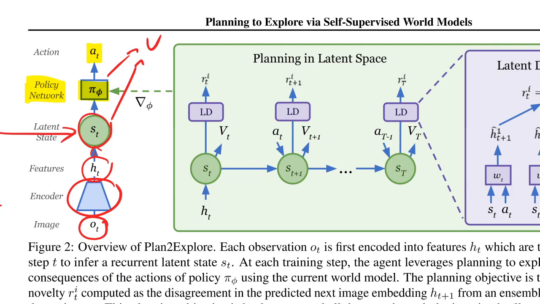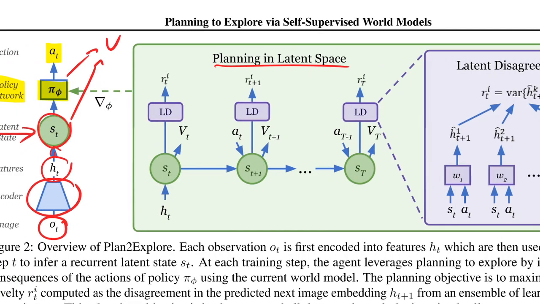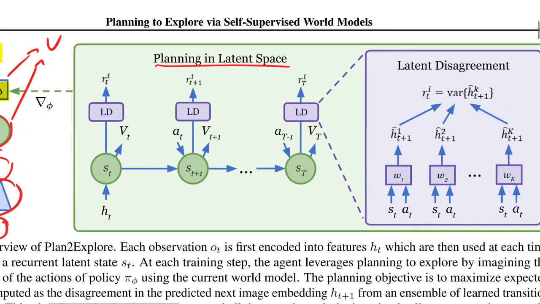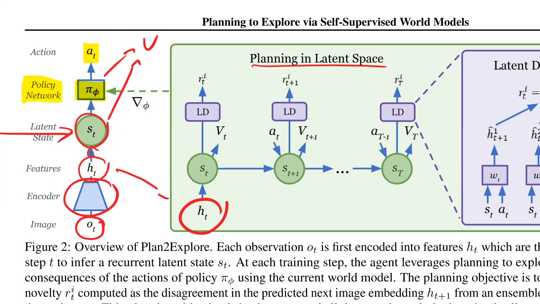Instead, it uses planning. It uses planning in latent space. So what this model does is it learns a world model in latent space. The world model takes as input these features that you saw right here that the encoder gives you, and it predicts the future hidden latent states.